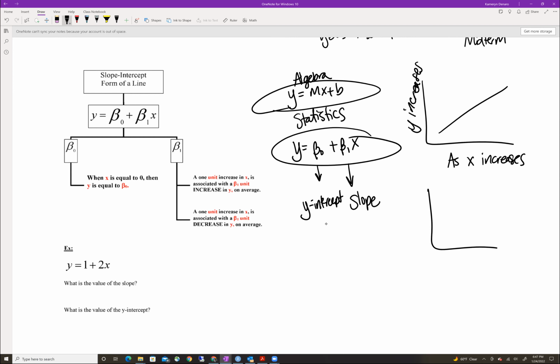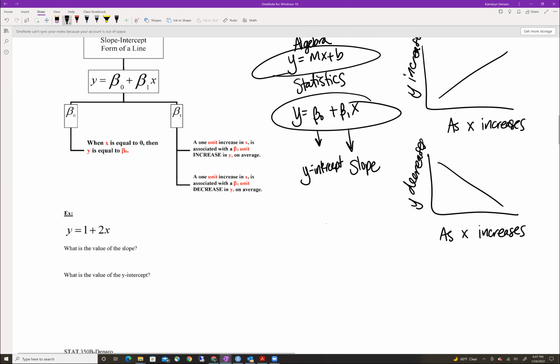But if we have a negative slope, as x increases, y decreases. Now we say on average because it doesn't mean that for every data point this is absolutely going to happen, but in general this tends to happen.